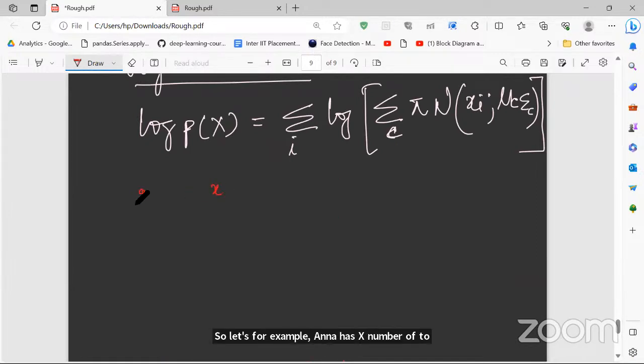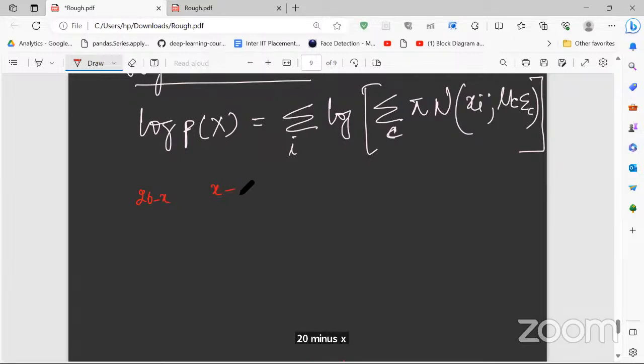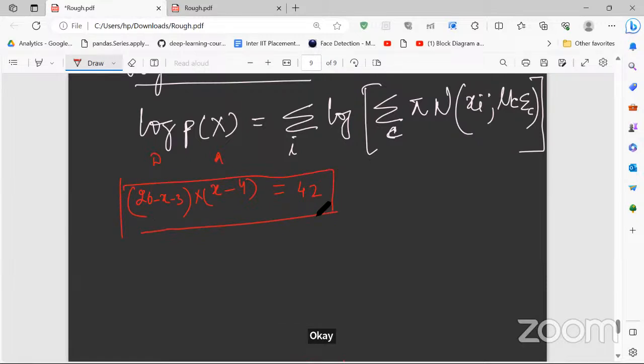One is x and the other is 20 minus x, and Ananya lost 4 and the other lost 3. The product of both is 42. This is a quadratic equation you can solve.